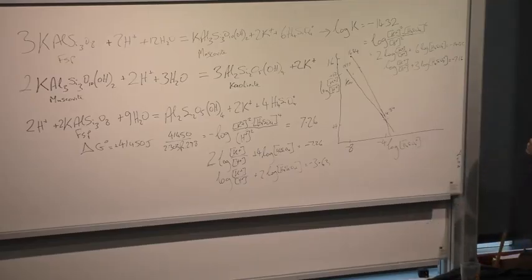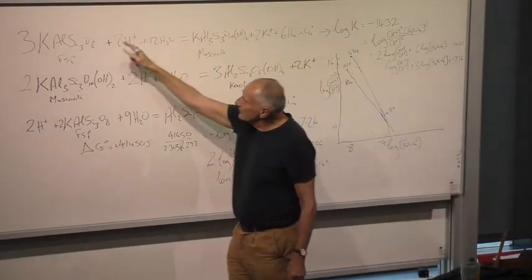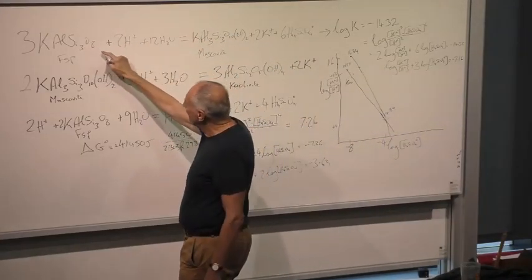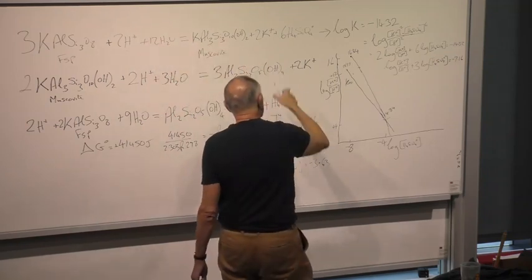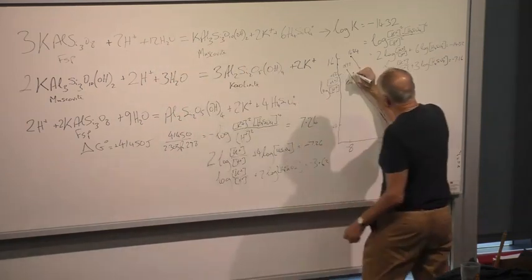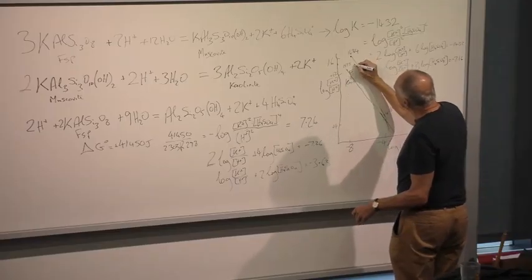And we use Le Chatelier's principle again, and that says that if we pump in potassium, we go to feldspar. If we pump in acid, we go to muscovite. So the high potassium side is feldspar. So we've got feldspar there, and we've got feldspar there.